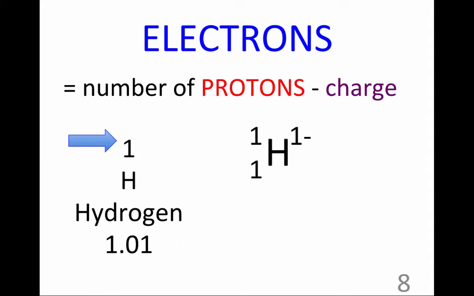In isotope notation 1, it's going to be the number of protons, which is the bottom left-hand number, minus, always minus, the charge. So it's going to be 1 from the bottom left minus a negative 1 from the top right to equal 2.